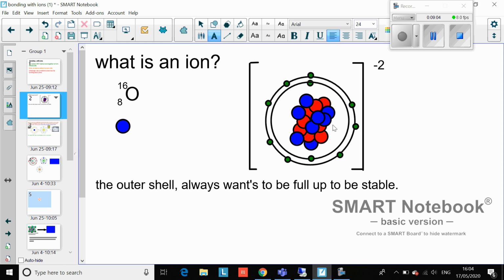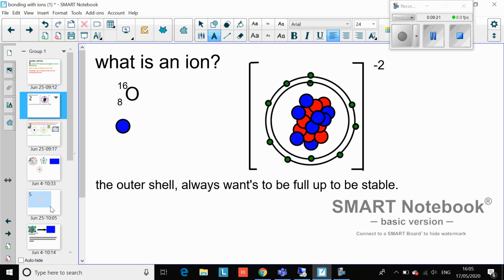Right, here comes the challenge for you. I want you to now draw out a sodium ion and a chlorine, sorry, to be more specific, a chloride ion.